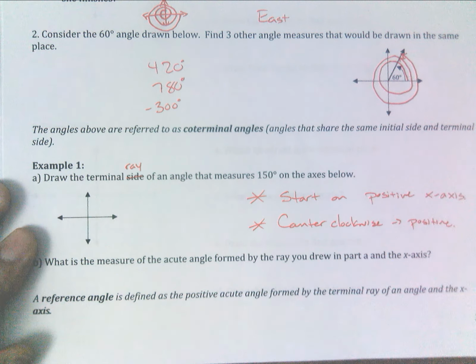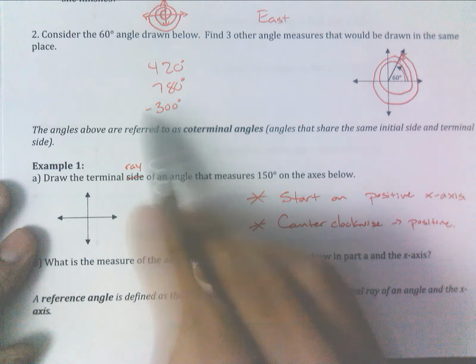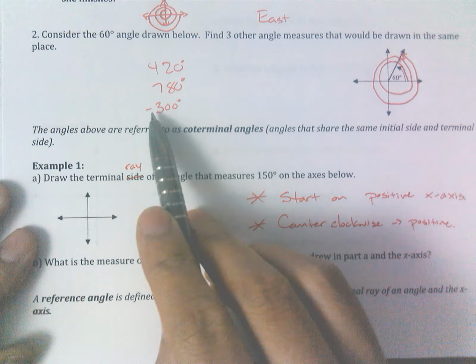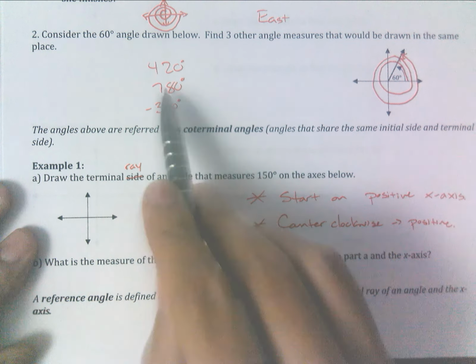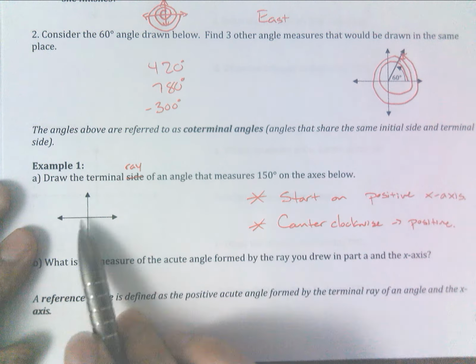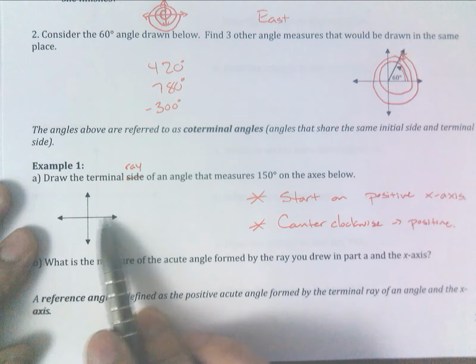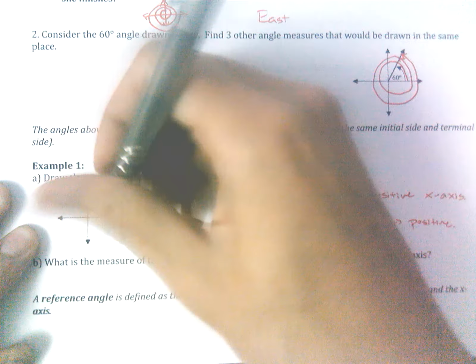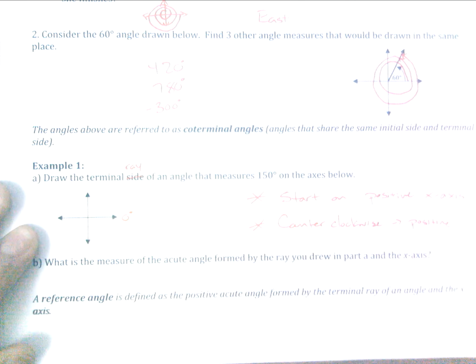Just like how we went in the clockwise direction, we got a negative angle. We can go in the counterclockwise direction and get a positive angle. So if we want positive 150, we're going to start on the x-axis. We're going to go around 150 degrees. So we know that if this is 0 degrees, then going straight up would be 90 degrees.